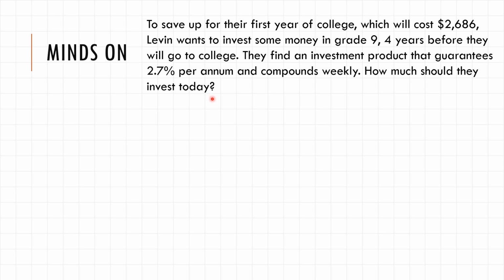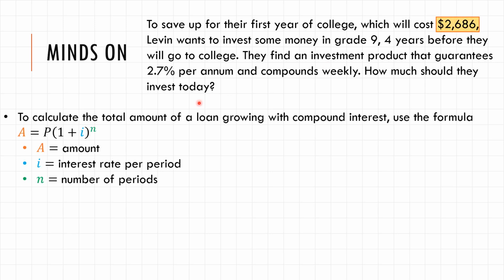Keep in mind that they've got 4 years for their money to grow until it reaches this amount. This is the amount of an investment. It is growing with compound interest. So we have to use the compound interest formula. And we know the future value, the amount in the future, is $2,686. We know that the interest rate for one period is not 2.7% because this compounds every week.